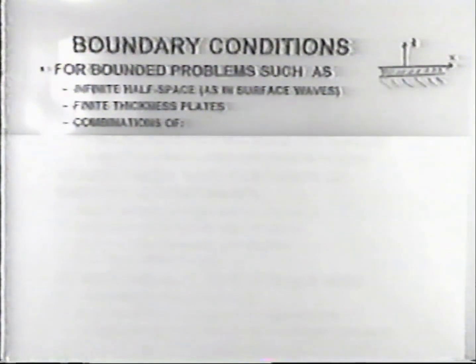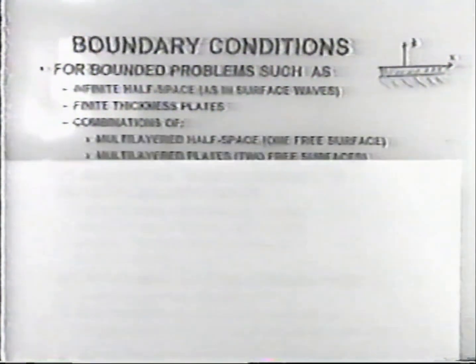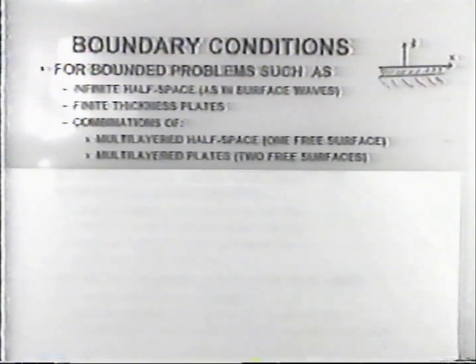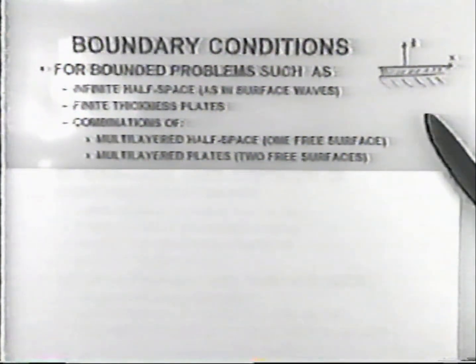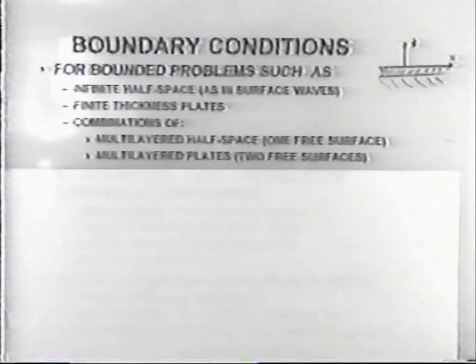So I'm considering a whole class of problems in which I could have an infinite half space, which is the standard surface wave problem. We could have finite thickness plates, which would be for plate resonators, for example, and combinations, of course, of multi-layered half space with one free surface, and that is what is shown on the top right-hand corner of this particular sheet.